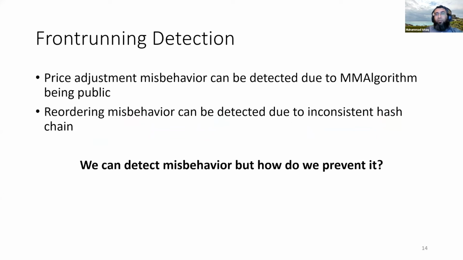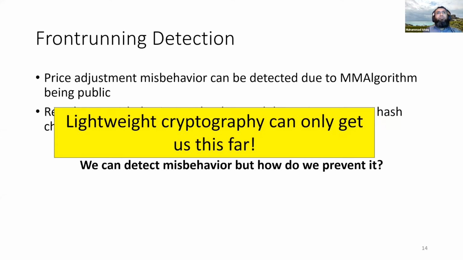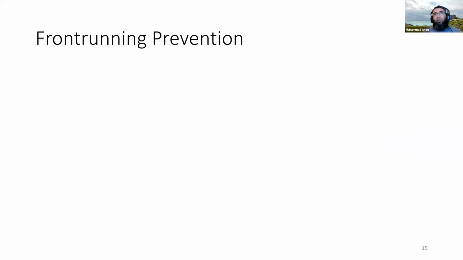But the problem is we can only detect it. How do we prevent it? And this is where we can either ditch lightweight cryptography and start thinking about heavyweight, expensive cryptographic primitives like MPC, or we can combine it with some reasonable game theoretic argument. And that's the approach that we took.